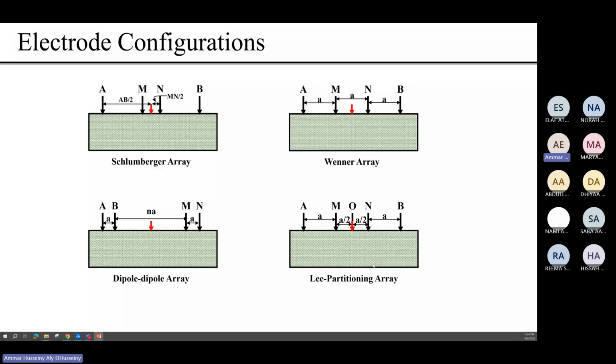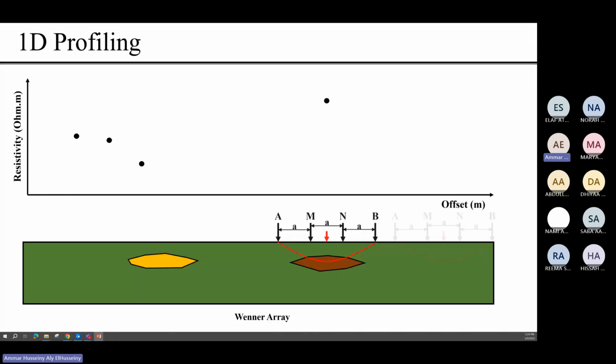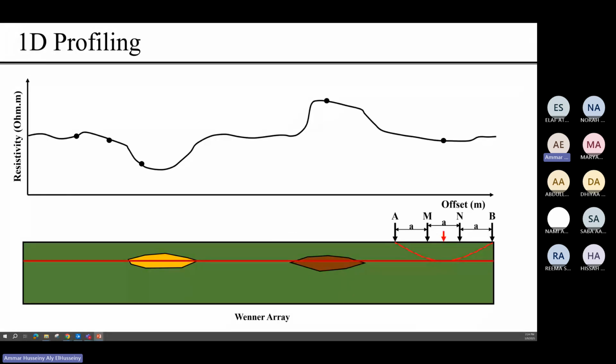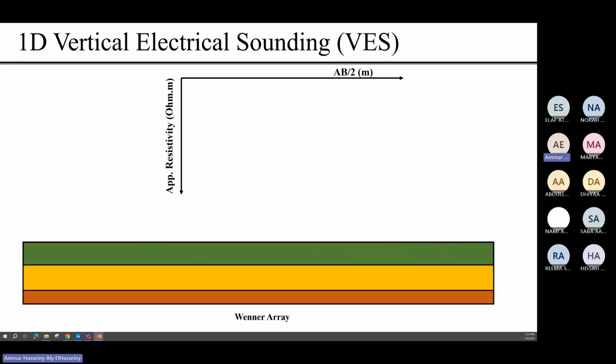Now, 1D profiling is actually where we, this is the 1D horizontal profiling, where we just get an anomaly that is an indication of lateral variability of resistivity. And again, I'm not explaining it. I'm just going over the most important things for you to know. If you struggle or you don't understand, stop me.